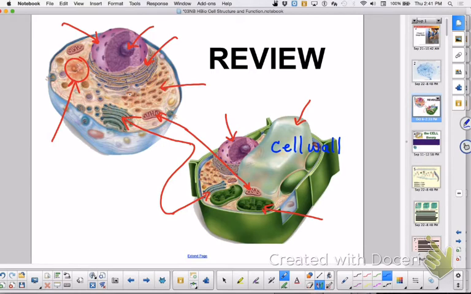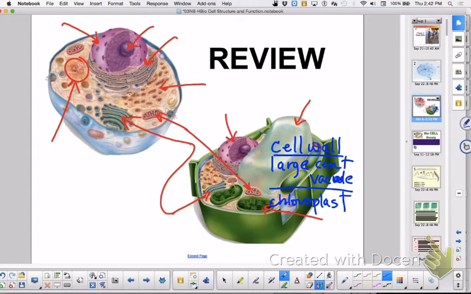A large central vacuole. Okay. What else? Oh, we got cell wall already. Large central vacuole. Something else. Chloroplast. Thank you. Chloroplast. Good.